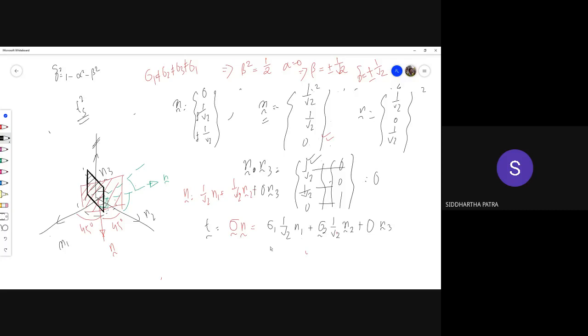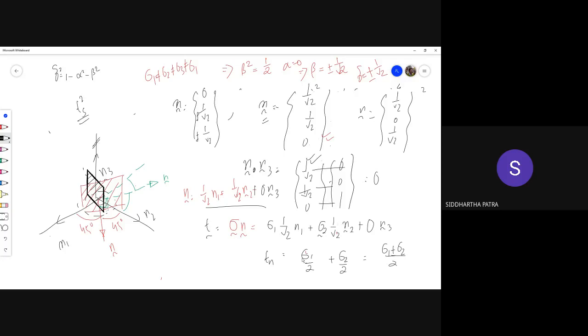So this is a traction. Now if I take dot product with n itself, so tn would be sigma 1 by 2 plus sigma 2 by 2. That is sigma 1 plus sigma 2 by 2.